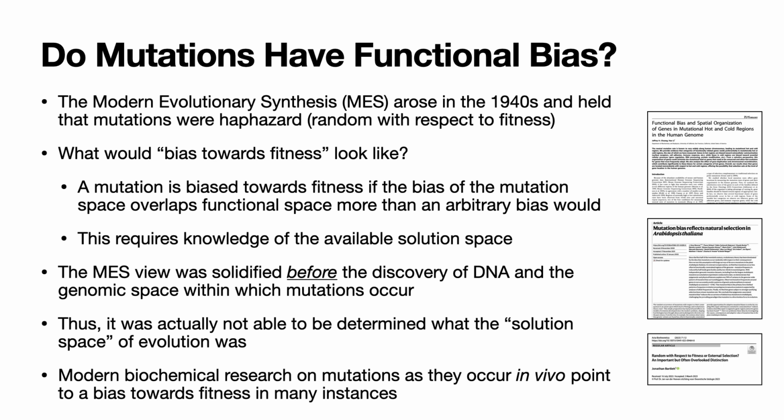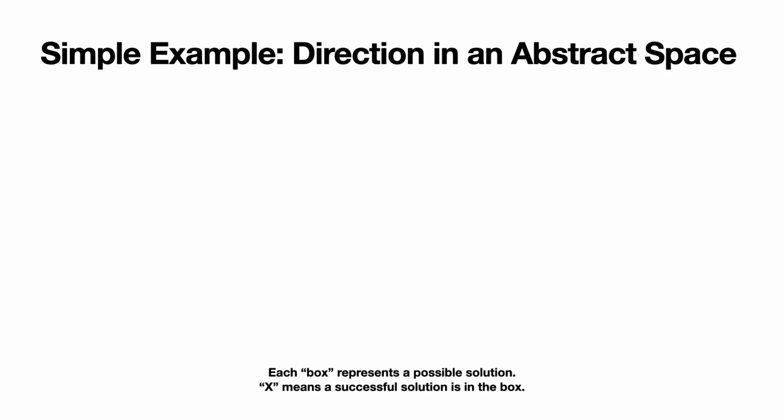Therefore, they weren't actually able to determine what the solution space of evolution actually looked like. And so modern biochemical research on mutations as they occur in vivo points towards a bias towards fitness in many instances.